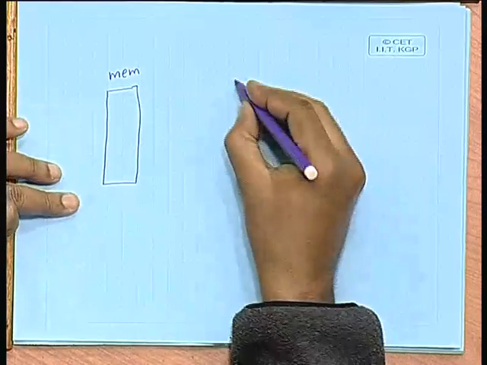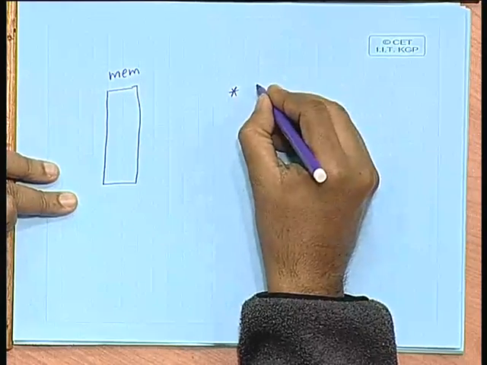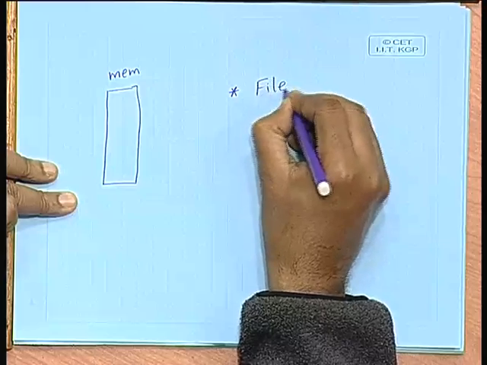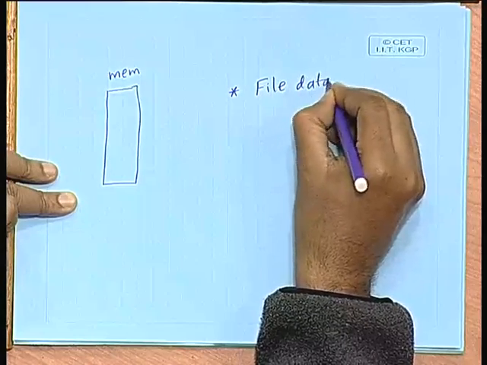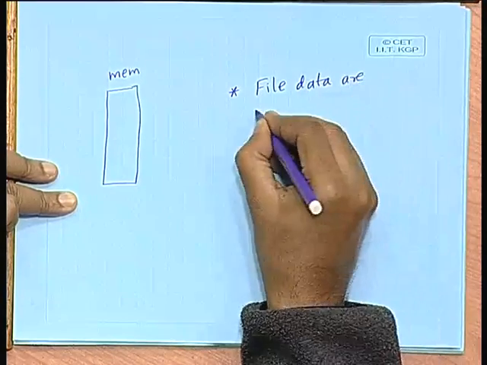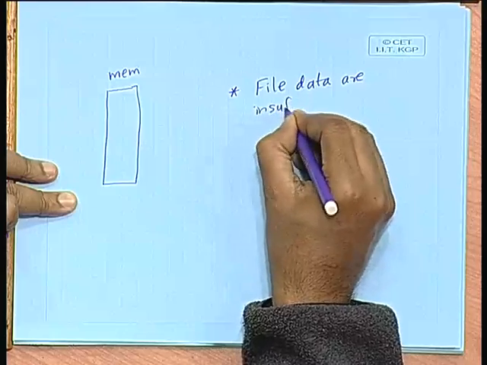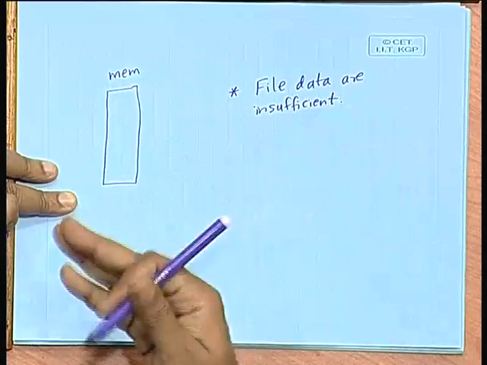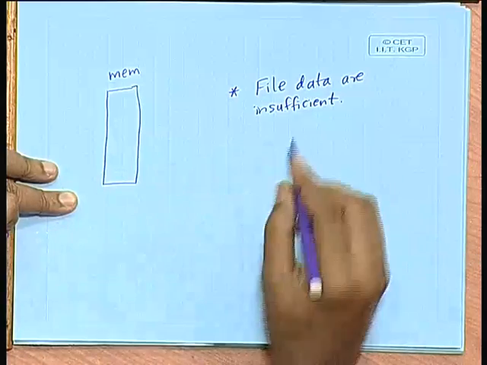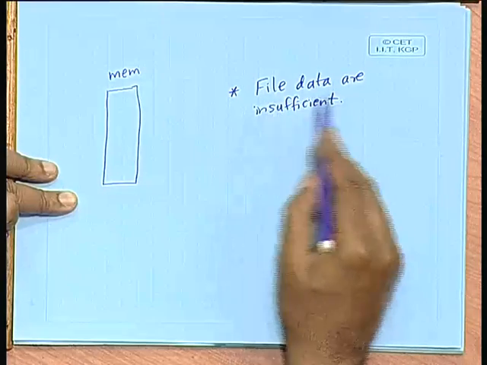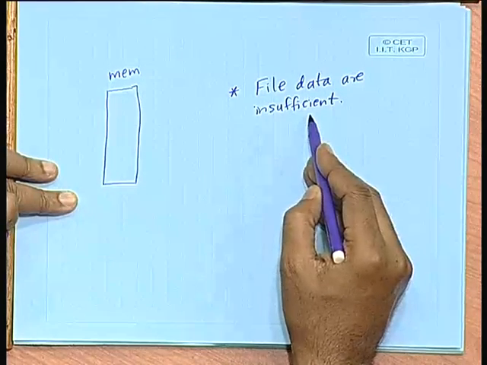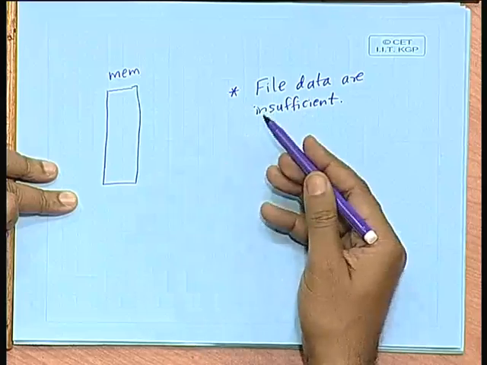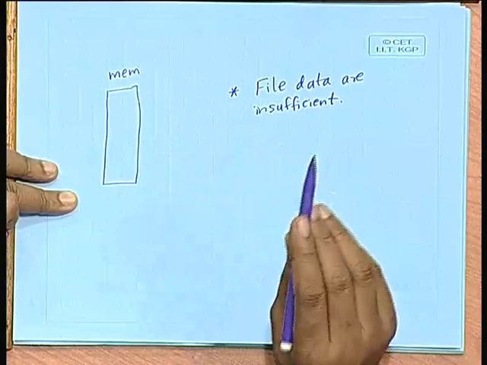There may be one alternative where the data in the file are insufficient. Insufficient means whatever amount of data you are asking to read from the file, there is not that much data. So, this will give a file system error that you do not have so many data in the file.